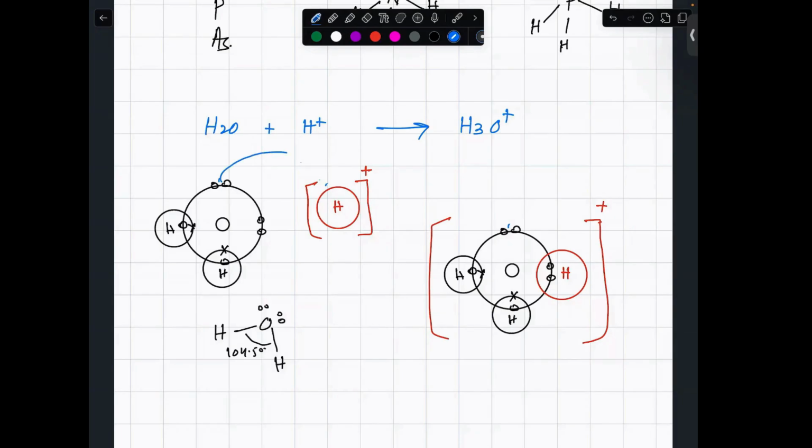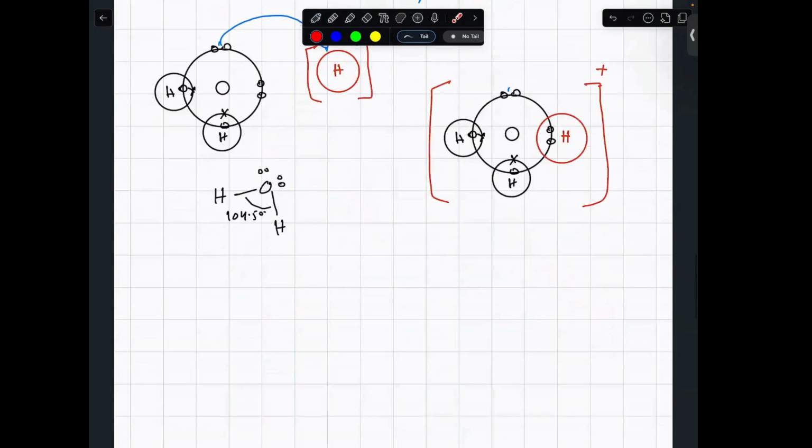Now I'm writing this again. Giving electron. Look, this is mutual: cross and dot, dot and cross. But this is dot and dot. So this is the donor and this is the acceptor. Now you will ask why there are not 2 H plus.